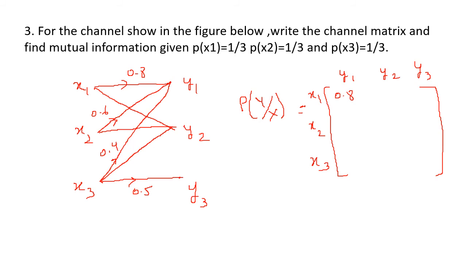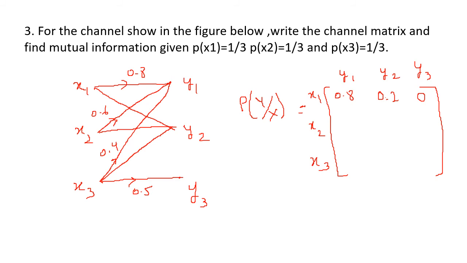For y2 by x1 there is a connection but the probability value is not given, and we know that the summation of the rows of the conditional probability matrix or channel matrix should be equal to 1. So the next element will be 1 minus 0.8, which is 0.2. The last element is 0 because you don't have any connection.